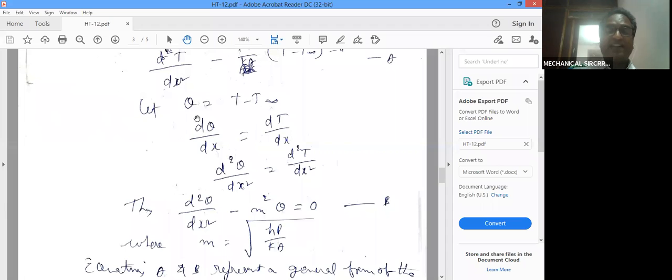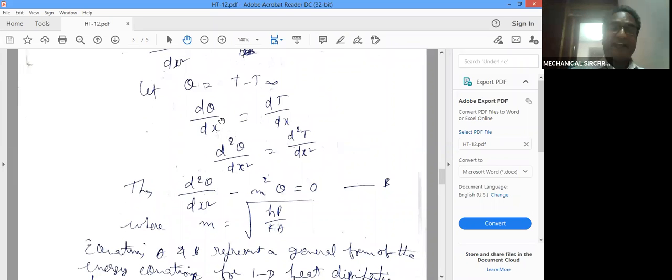From this relation, theta is equal to T minus T free stream, differentiating with respect to x, theta is varying in the x direction. That's why d theta by dx is equal to dT by dx. And the second differentiation: d square theta by dx square is equal to d square T by dx square.